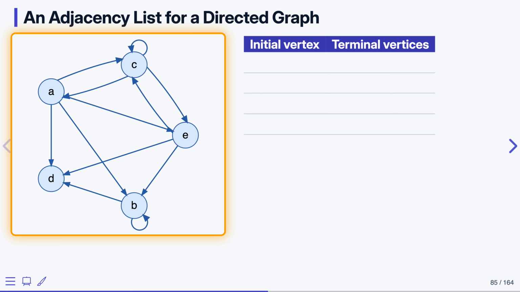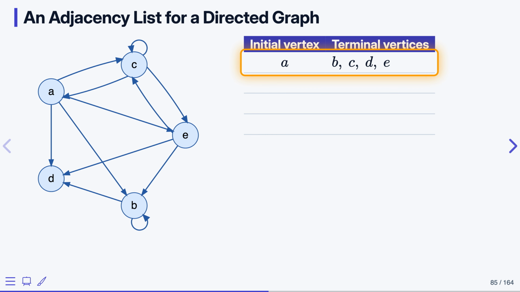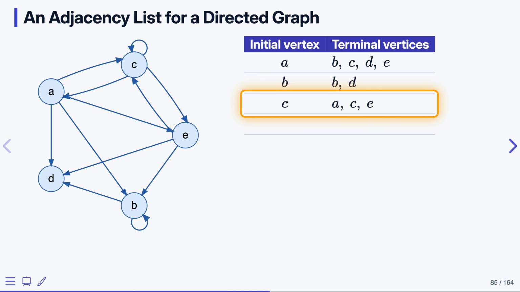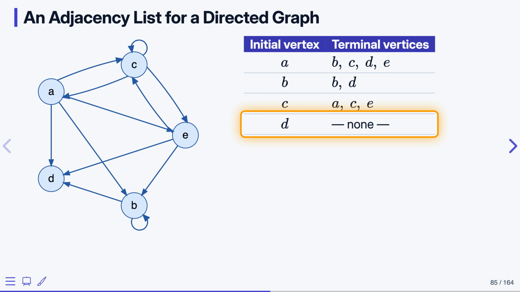Now the same idea for a directed graph. The rows change meaning. Each row is a start vertex, and it lists everywhere we can reach in 1 step, following the arrows. From A we can reach B, C, D, and E. From B we can reach B itself, because of the loop, and also D. From C we can reach A, C again by its own loop, and E. From D we can reach nothing at all.